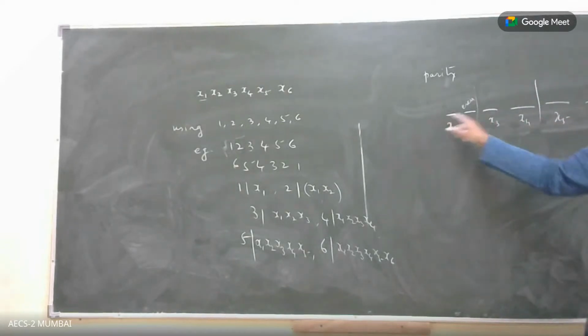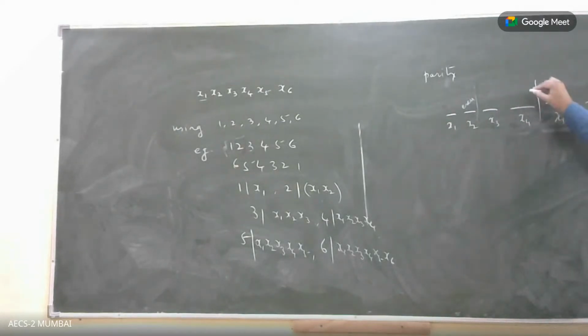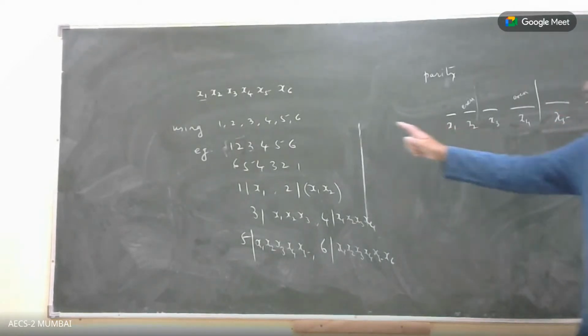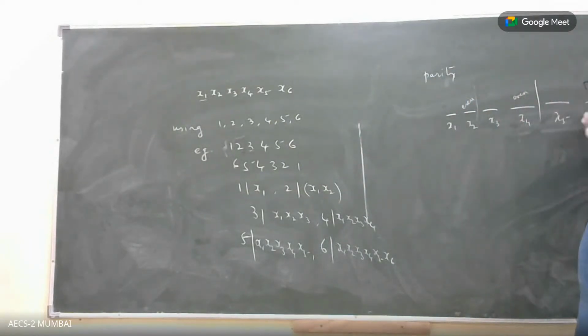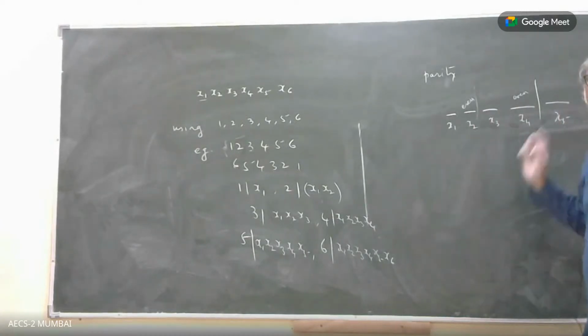This part must be divisible by 4, so x4 must be even, and the whole number is also divisible by 6, so x6 should be even. All of you agree? So 3 even digits out of 1, 2, 3, 4, 5, 6 stand here: second place, fourth place, sixth place.